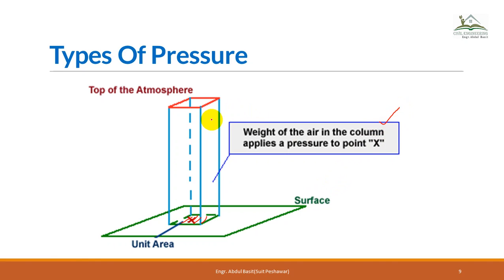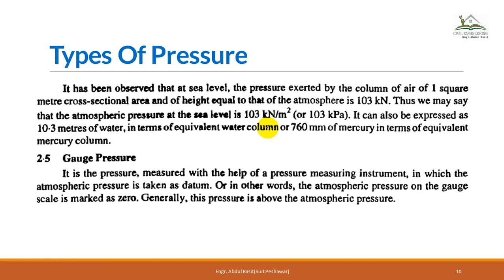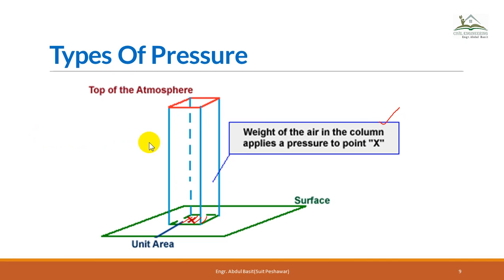The atmospheric pressure due to air is 103 kilopascal, or kilonewton per meter square. If that column is made up of water, then equivalent to that air it will be 10.3 meters. So this height required will be 10.3 meters.